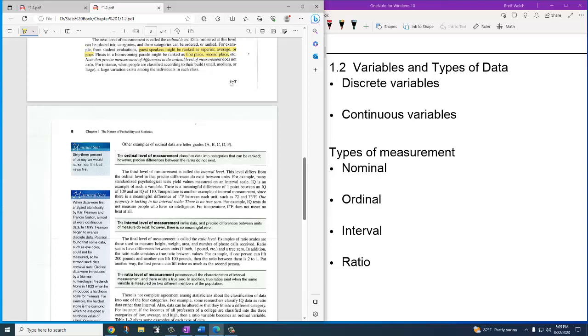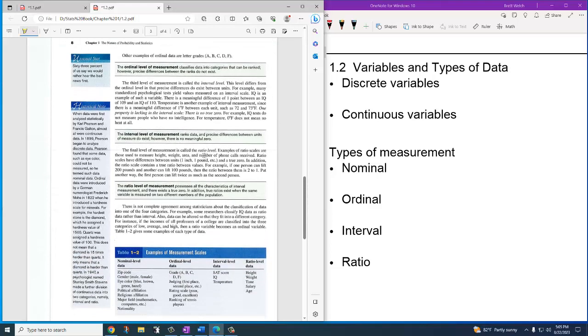What is the difference between first and second place when it's a judgment call during a parade? There's no real distinction between them other than one was put ahead of the other. So they are ranked, but there's not a way to say it's a 13% difference. It's really just one's better than the other. So that's what we call ordinal measurement.